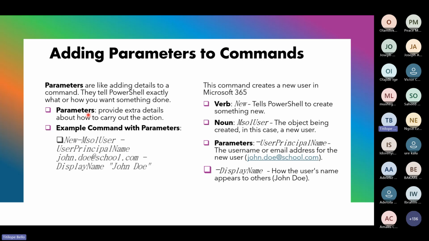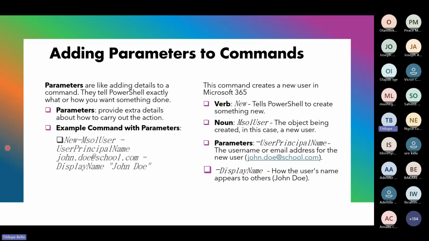So parameters add additional detail to make the command more specific for PowerShell to know exactly what to do. Earlier, when we said Get-MsolUser, we didn't tell it which user to get, so PowerShell will go and get all the users in our environment.